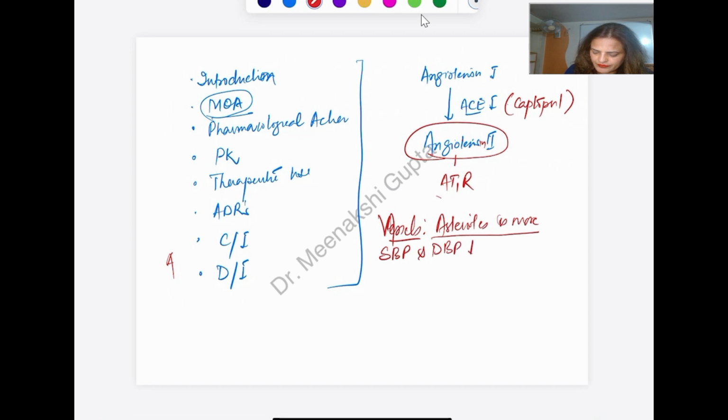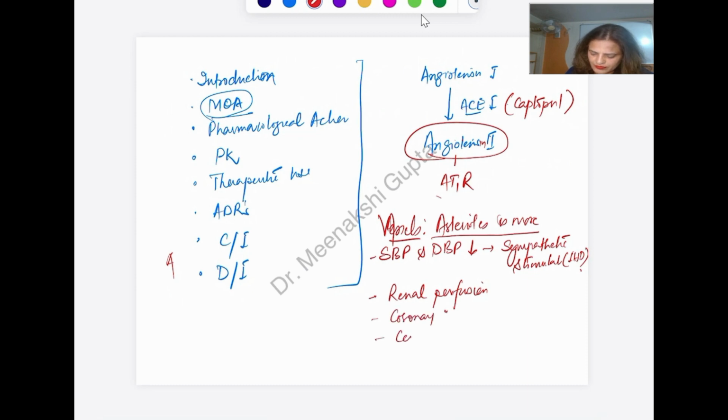Both will fall, but there is no sympathetic stimulation. So we can use this drug safely if the person is suffering with ischemic heart disease. उसमें भी हम ये वाली drug we can use. Then the renal perfusion, coronary perfusion and cerebral perfusion will be unaffected.